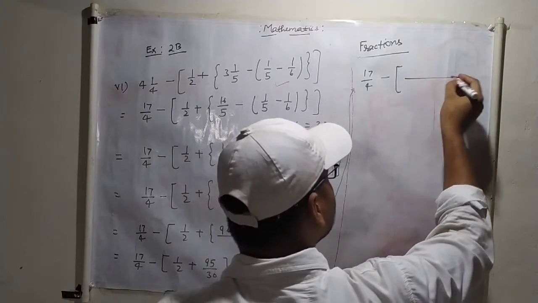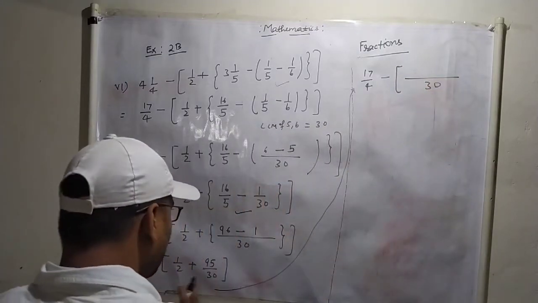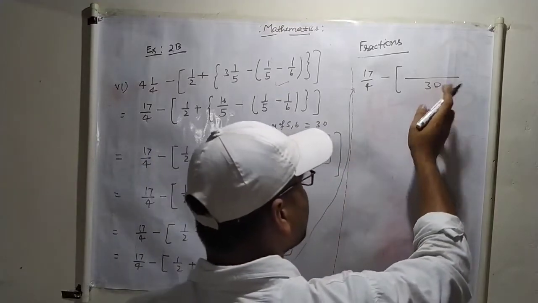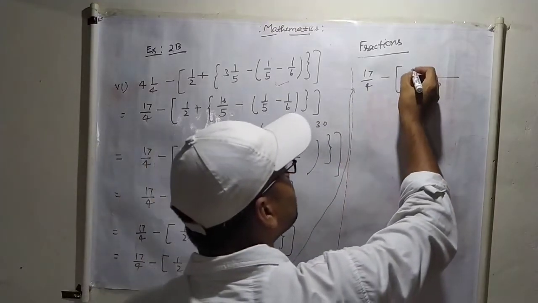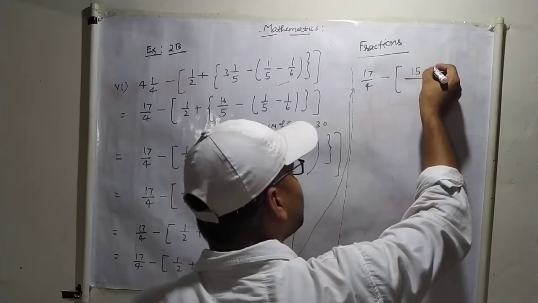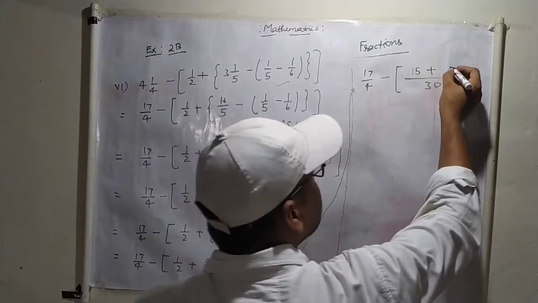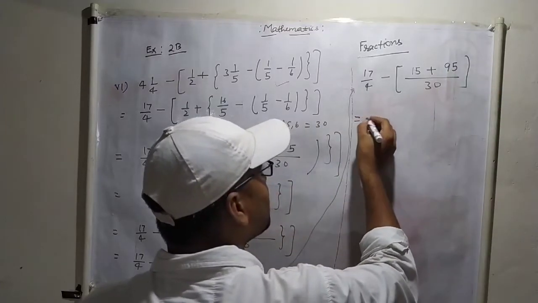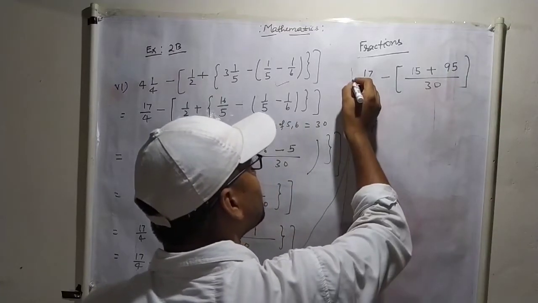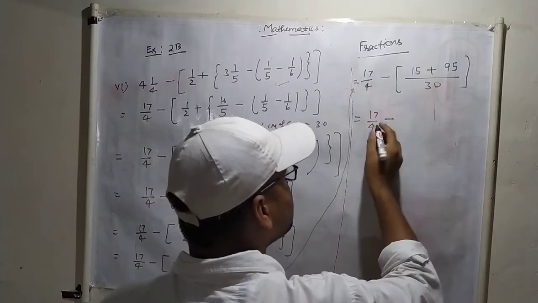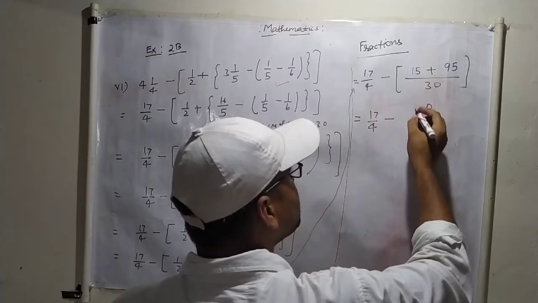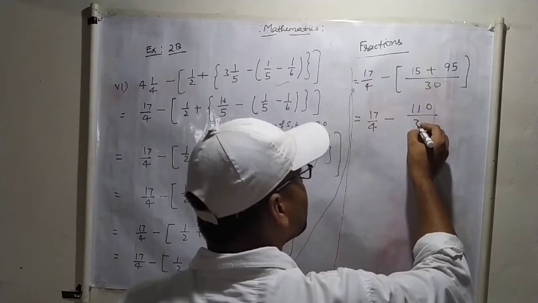The common LCM is 30. 2 and 30 LCM, you will always get 30. So 30 divided by 2 you get 15, and 15 is multiplied into 1. You get 15 there and plus 95. Okay students, so next after 17 upon 4 minus, add this one: 5 5s are 10, 9 1s are 10, 1 is 11.